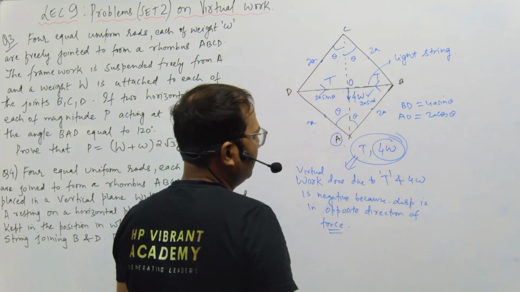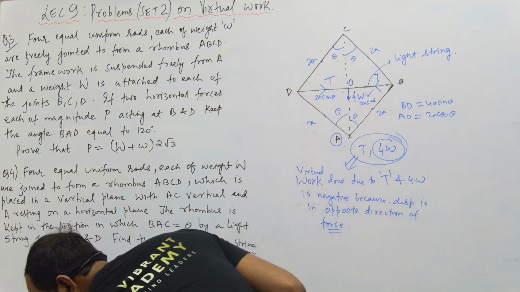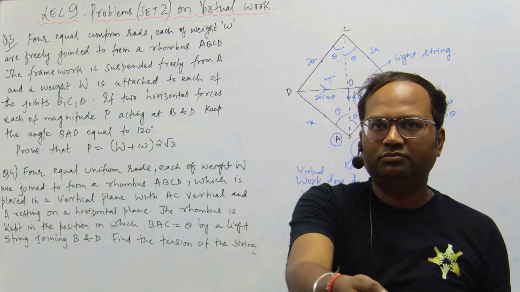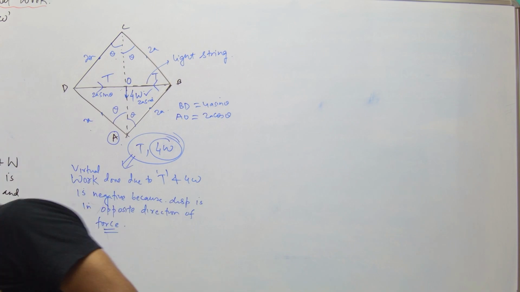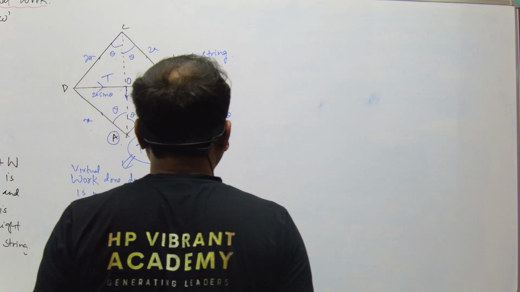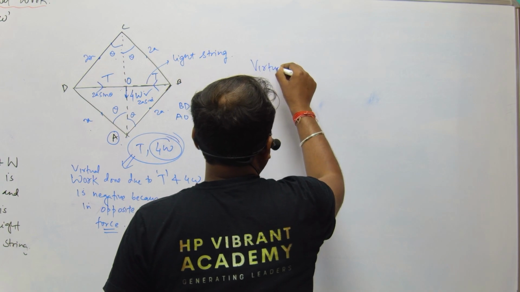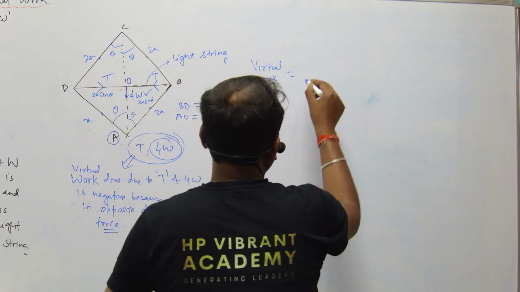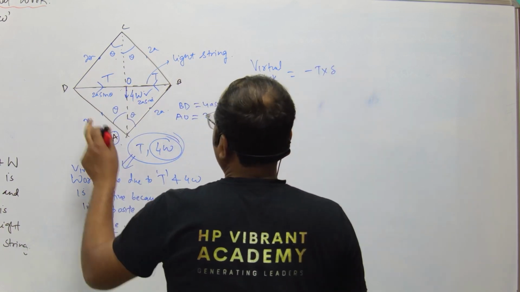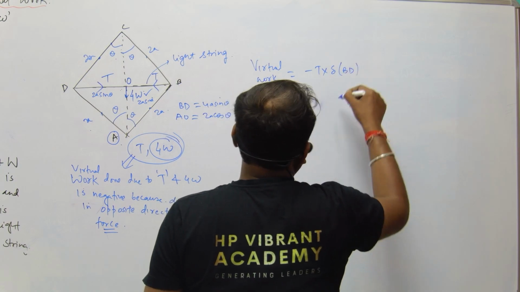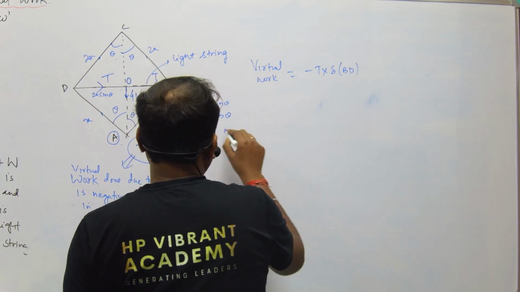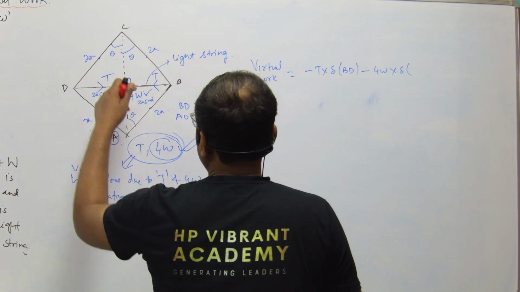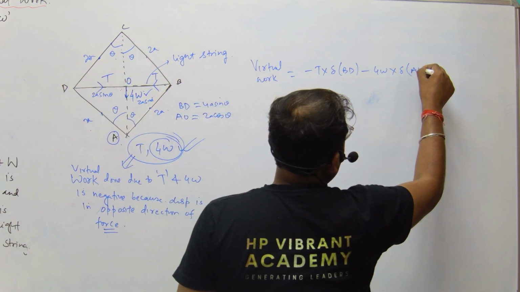So the virtual work is equal to minus tension times the change in BD, because the work done is negative, and minus 4W times the change in AO.